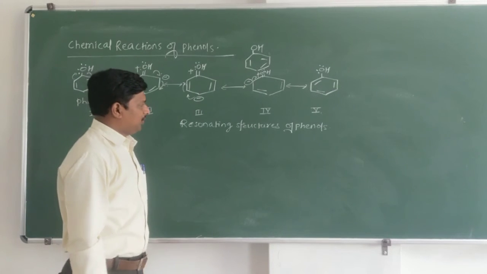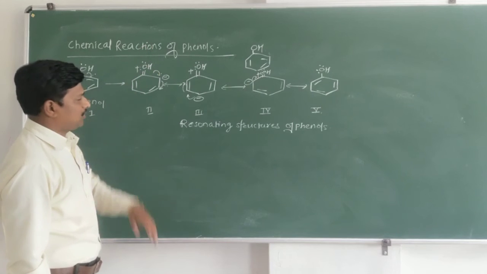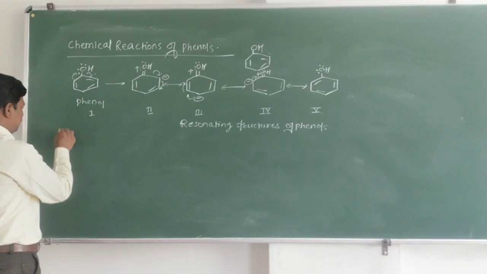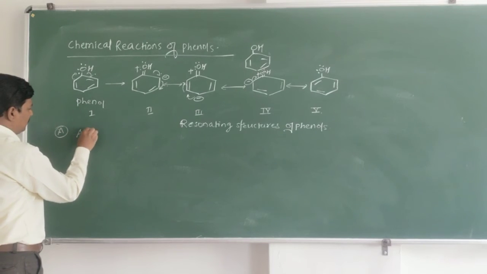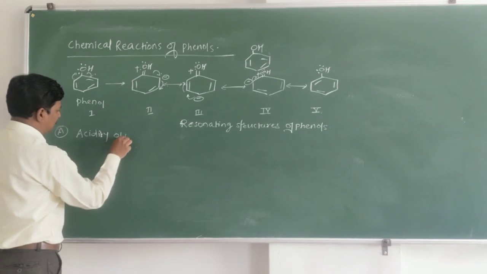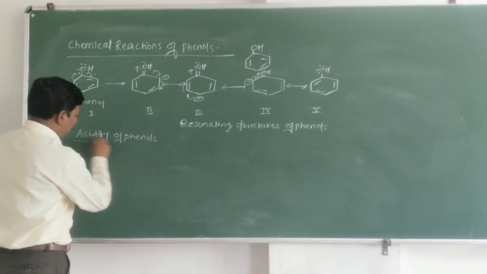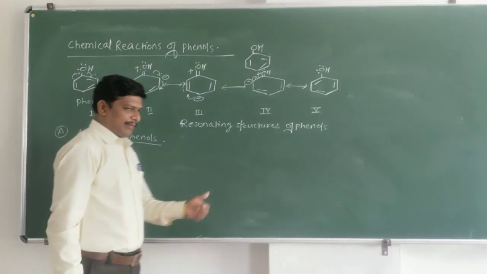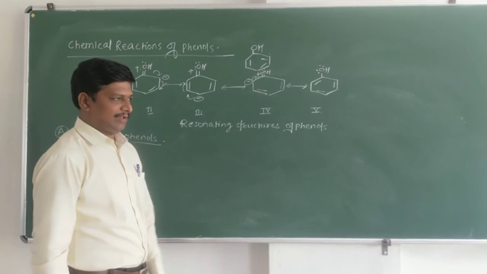Now after the resonating structures of the phenols, we come toward the actual chemical reactions of the phenols. The first chemical reaction is about the acidity of phenols. In physical properties we have seen that phenols are acidic in nature.